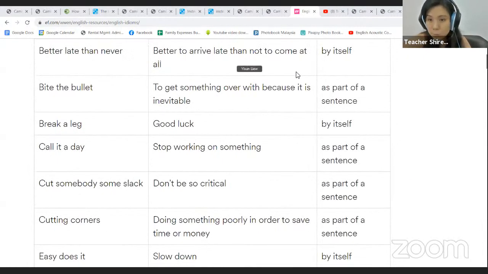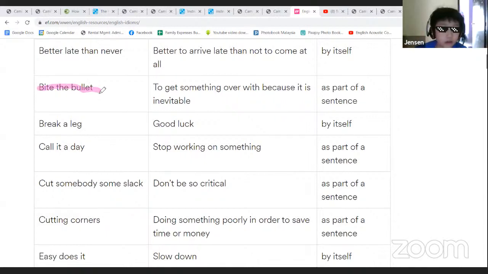Okay, next will be Jensen. Bite the bullet. Bite the bullet: to get something over with because it is inevitable.